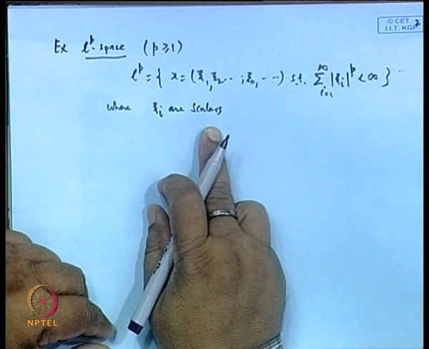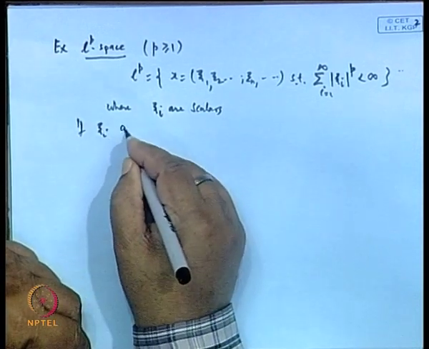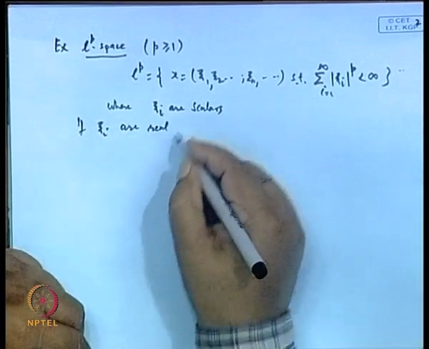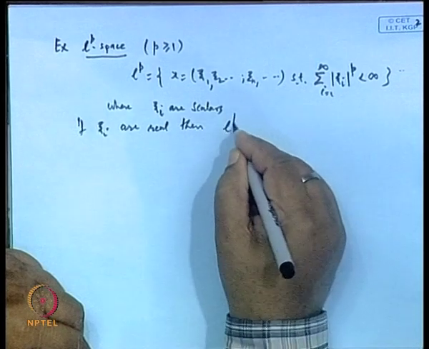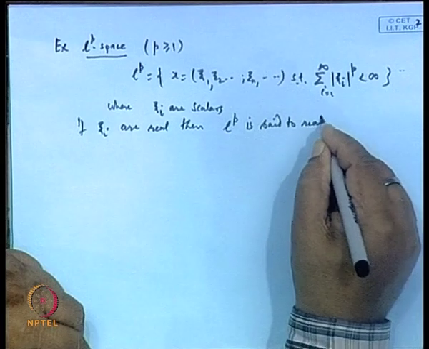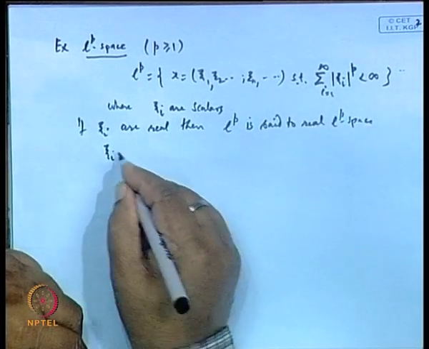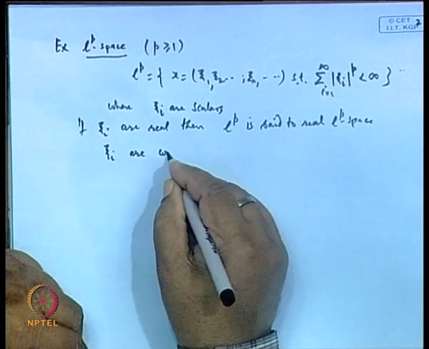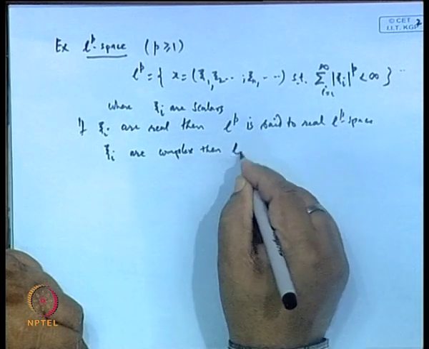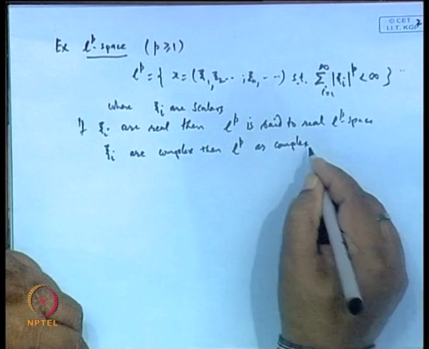If the ξi's are real, then the LP space is said to be a real LP space, and if the ξi's are complex numbers, then we call it a complex LP space.